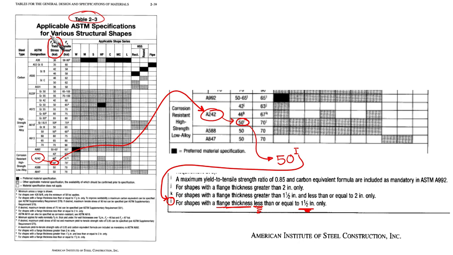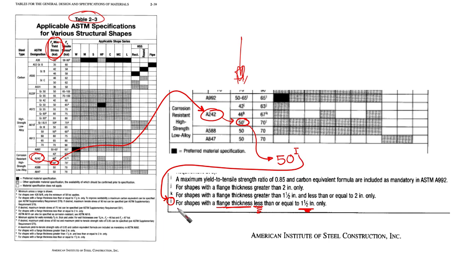We have explained it before. You are going to find A242 here. I magnified it. Then you're going to find Fy, this column. You're going to find different types of Fy, and you're going to find this one, 50, with the superscript i.